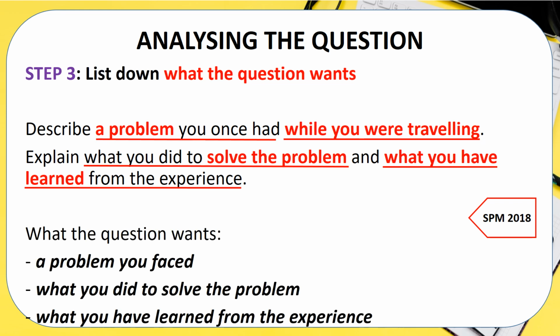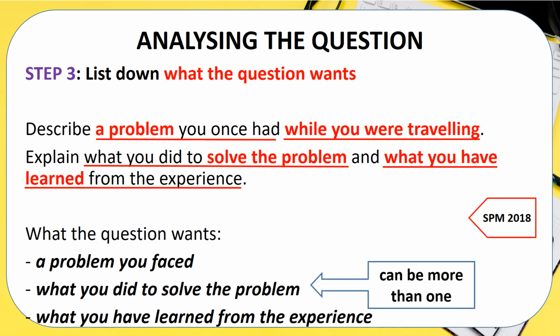Next, we look at what you did to solve the problem. Does it say how many things you did to solve the problem? No, it does not mention. So if the question does not mention how many, whether it's plural or singular, then it's up to you how many you want to mention. So here you can mention more than one solution.